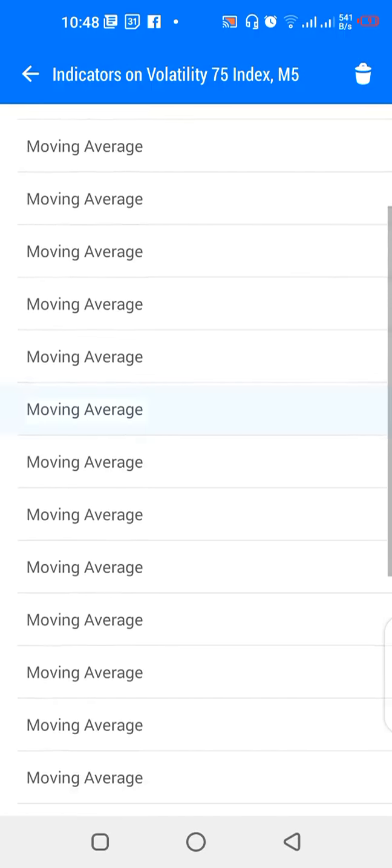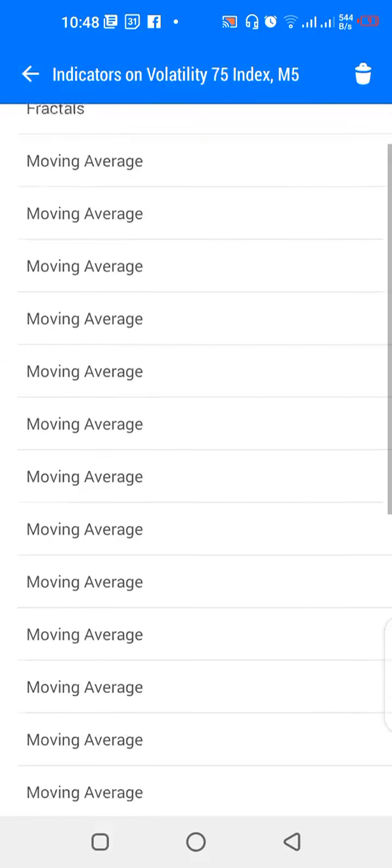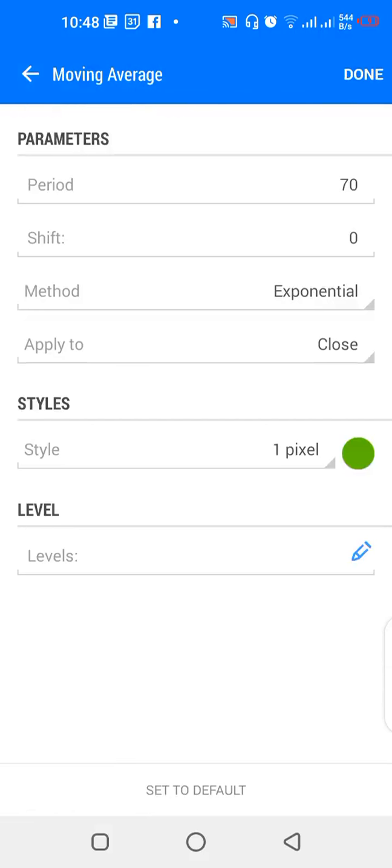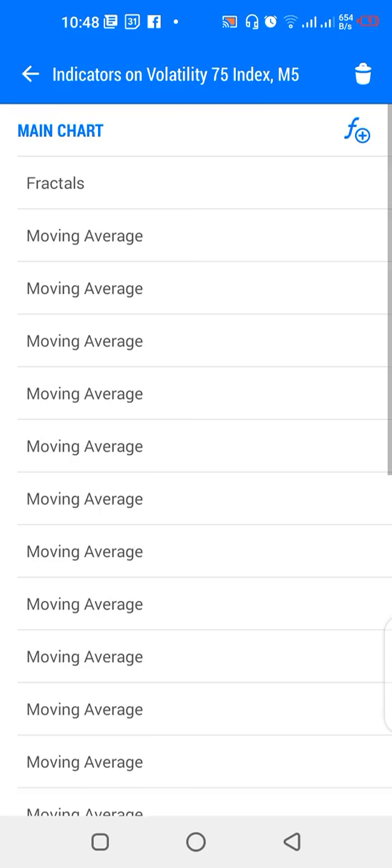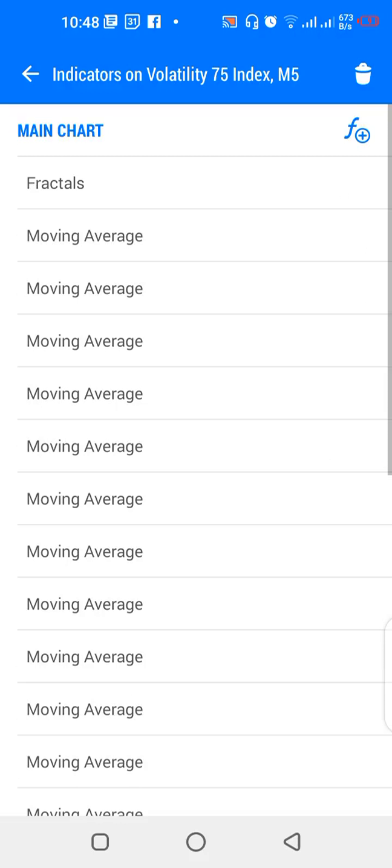The next one is 65, then 70, then 75. All those EMAs are green in color.